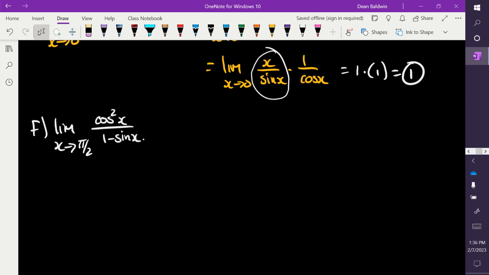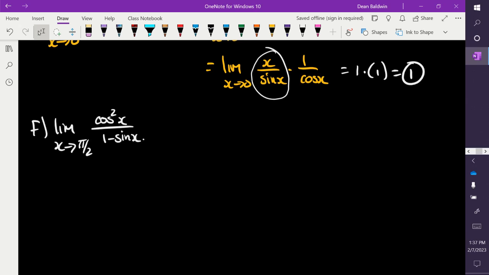What's sine of 90? So can I just plug it in? Sine of 90 is 1, right? So then you're going to get 1 minus 1, which is 0, and then everything blows up. So you have to rewrite it.